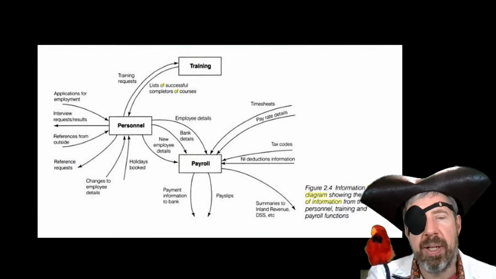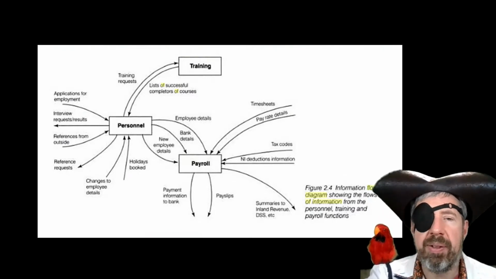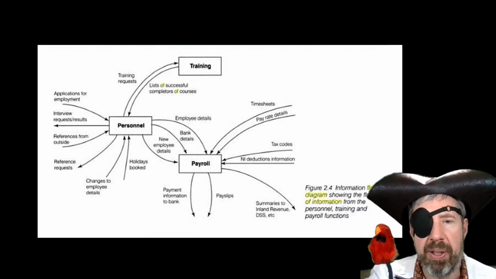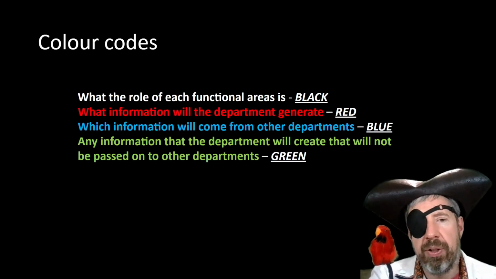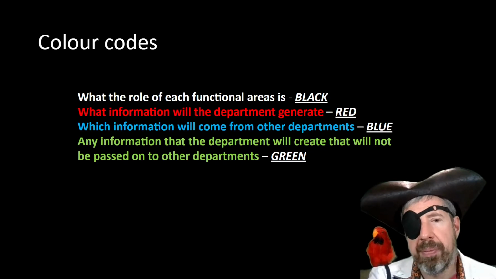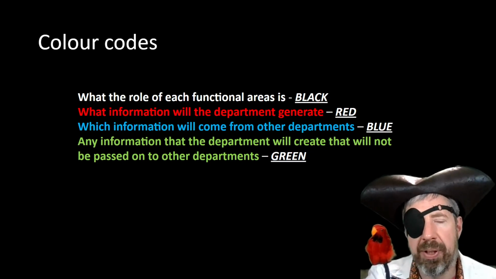So, you know, it's the department that holds all the records of the people who work for the company, or the payroll. They process all the wages of the people who work in the company. So hopefully the colours will be a help rather than something that would be extra work.